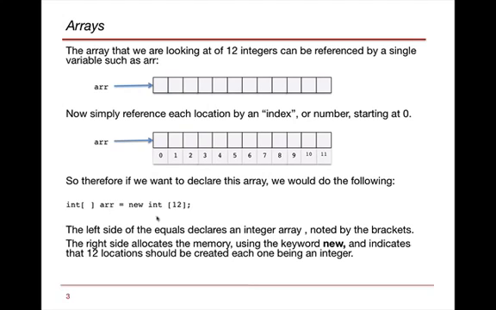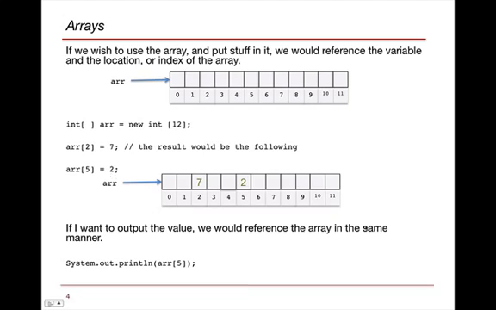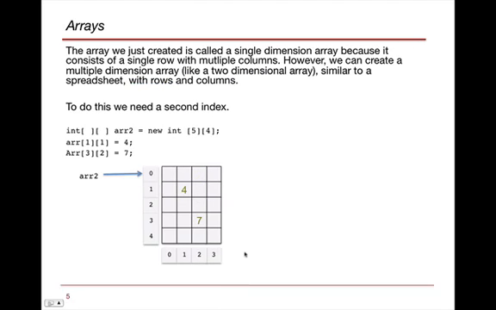So we can see here with ARR 5 equals 2, we are going to go to the ARR referenced array, go to the index 5, which is the 6th location, and put in the number 2. If we want to output the value, we just reference it the same exact way. I could do something as simple as System.out.println, open parenthesis, ARR sub 5, and it will return the value that is in that location, which is the value 2.